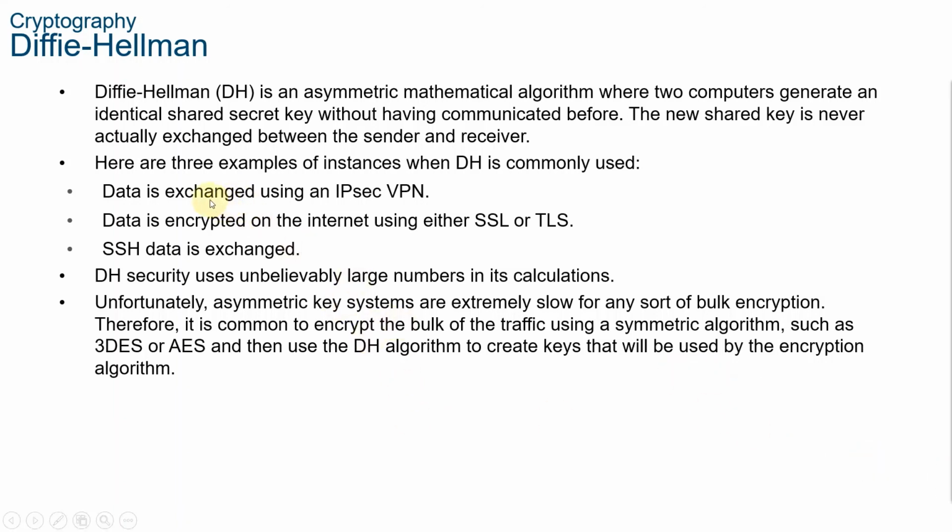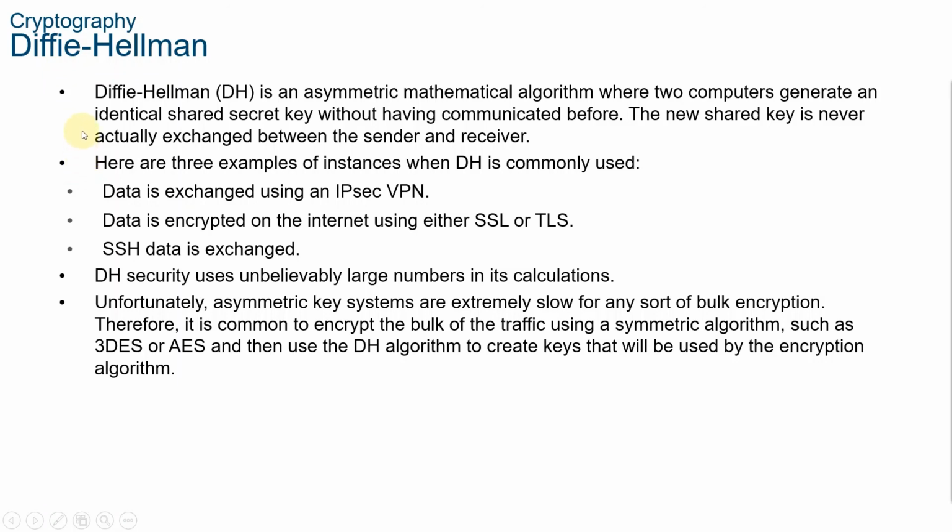Right? So here are three examples of instances when DH is commonly used. First, data is exchanged using IPsec VPN. Second, data is encrypted on the internet using either SSL or TLS. And third, SSH data is exchanged. Now, Diffie-Hellman uses unbelievably large numbers in its calculations.